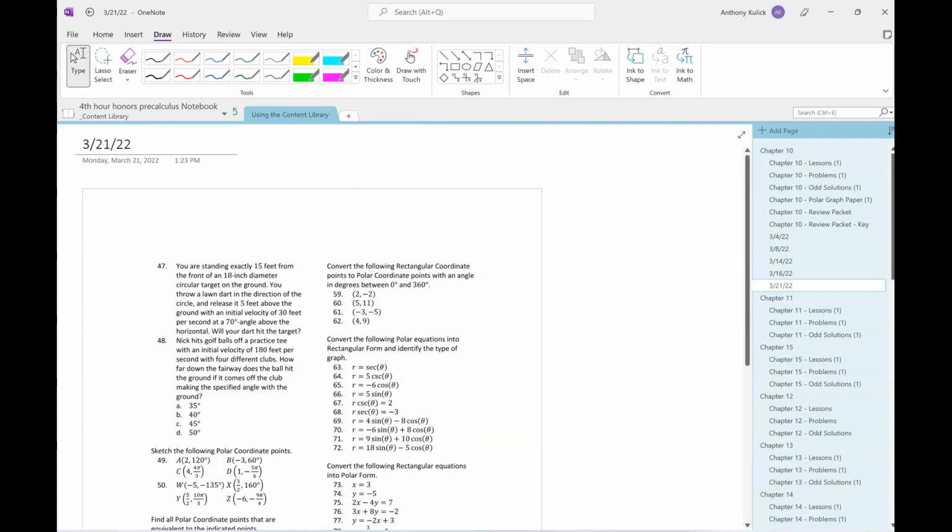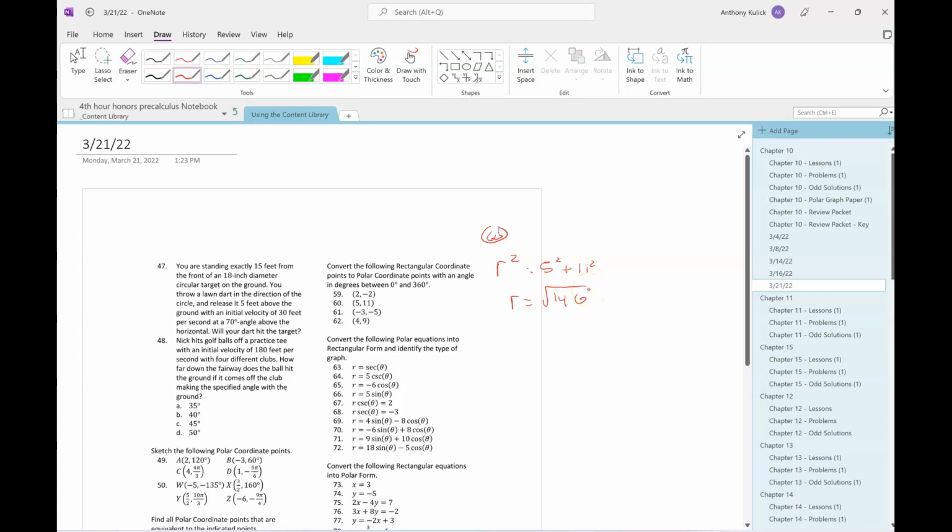Sure, 60. So we need to convert this into polar coordinates. I know that r squared is equal to x squared plus y squared. So when I square root both sides, that is the square root of 25 plus 121, which is the square root of 146.